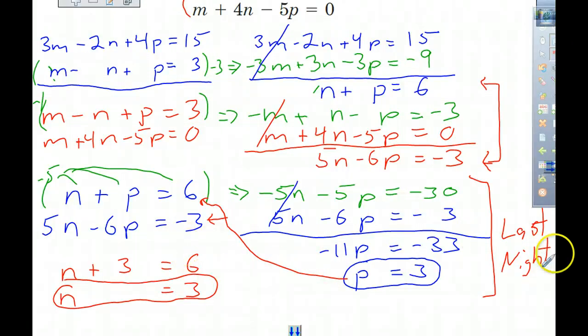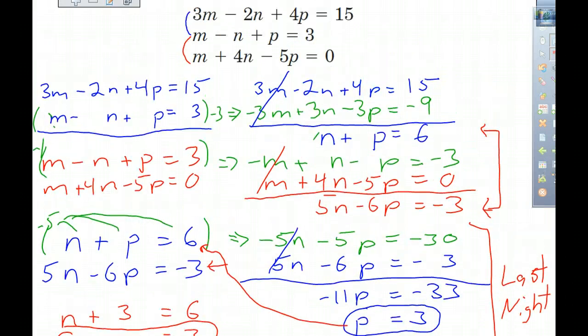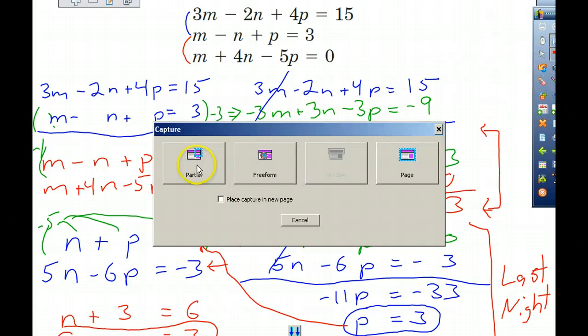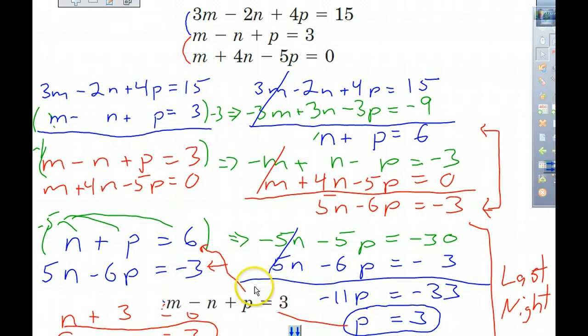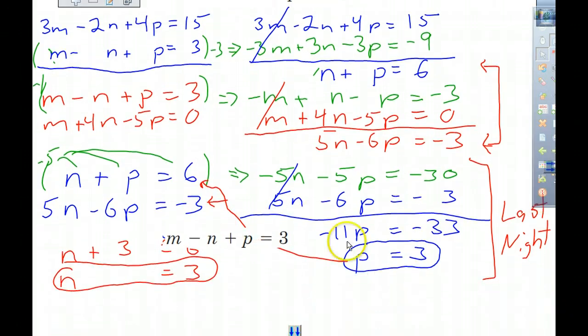So, how do we get our third answer? Take our two answers that we have, plug them into any one we want. Any of the three. Which one do you want to plug them into? Middle one, just because it's less multiplying. Okay. We can take that middle equation right here.